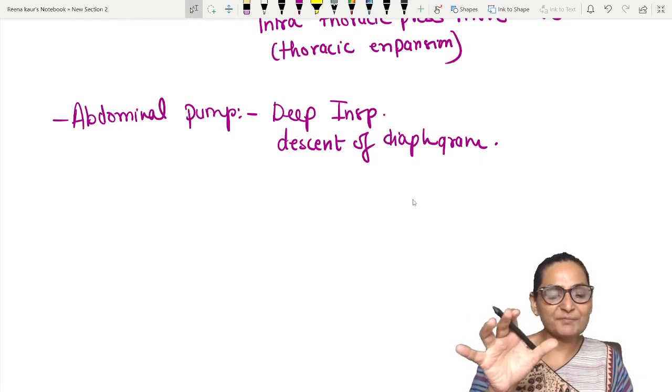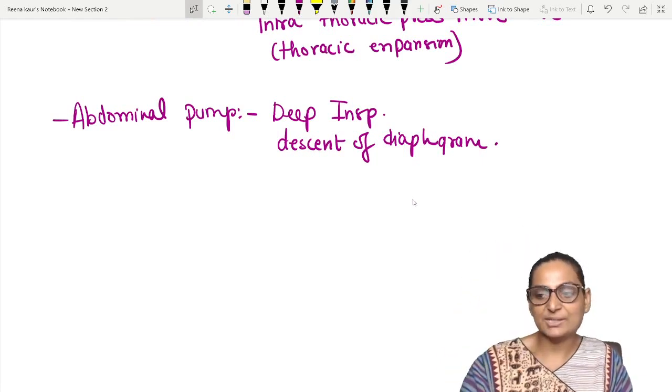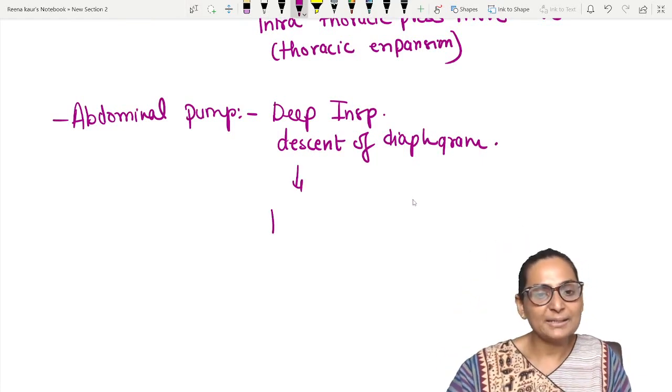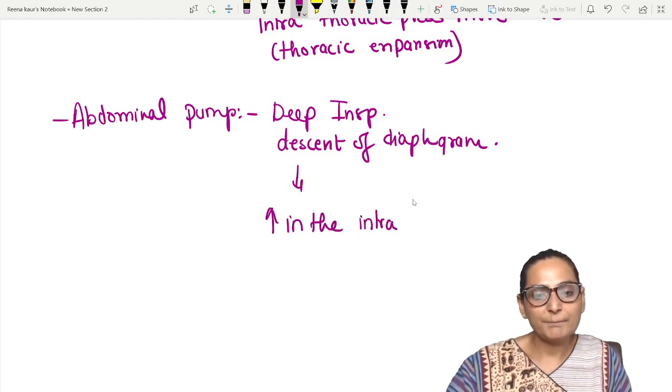With descent of the diaphragm, there is going to be an increase in the intra-abdominal pressure.